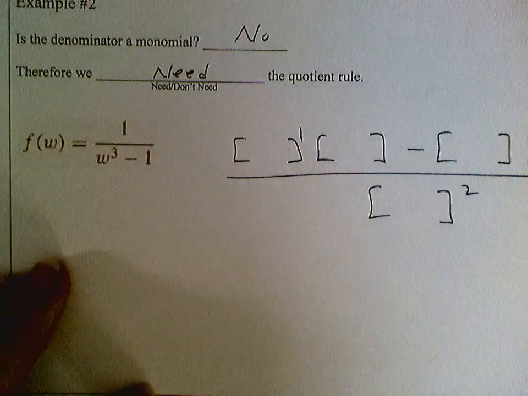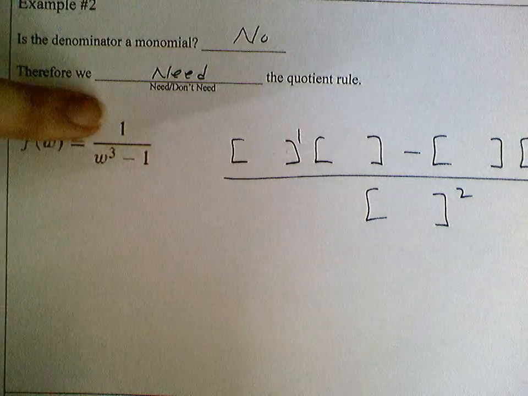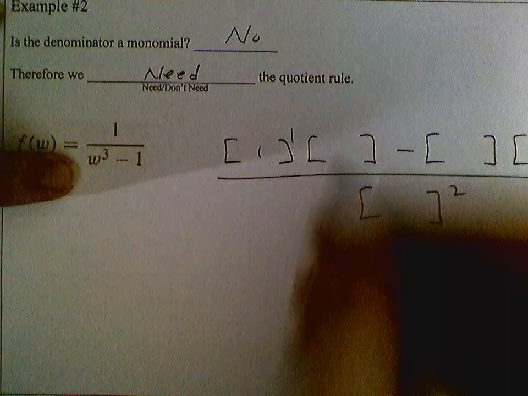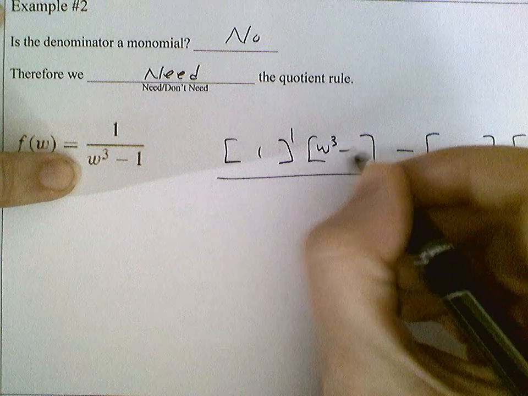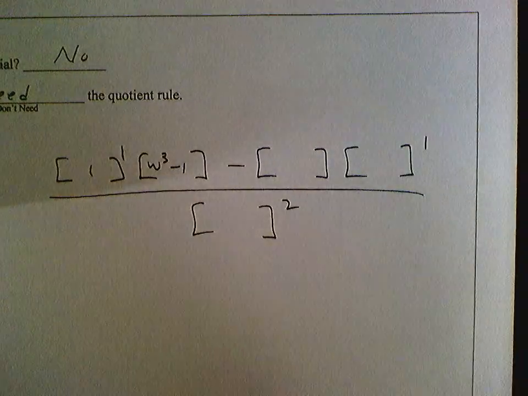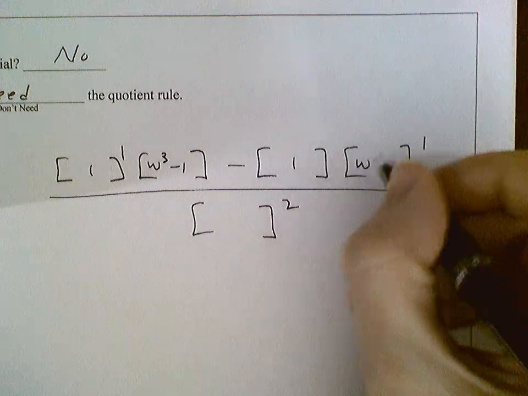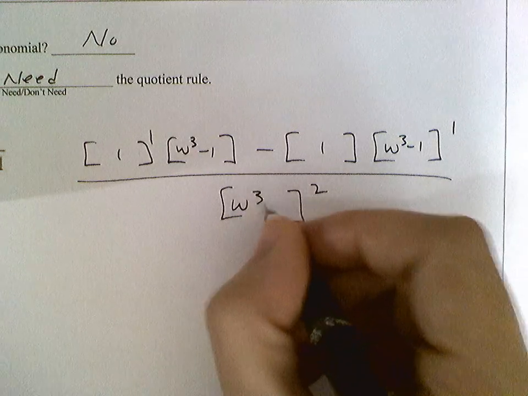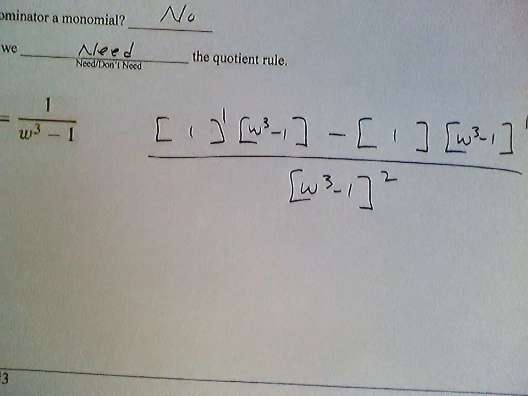So in this case, f, our numerator function, is just 1. g, our denominator function, is w to the third minus 1. And then I'm just going to repeat that over here. So 1, w to the third minus 1, and then w to the third minus 1 in the denominator.